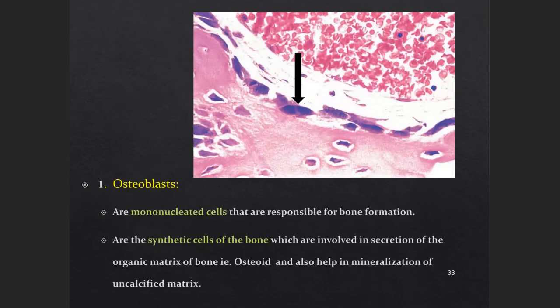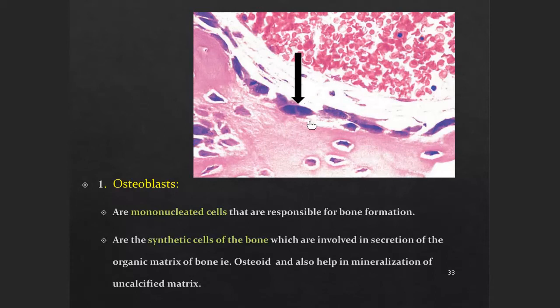So now this is your osteoblast. What is an osteoblast? It is mononucleated. Again the term mono means single, nucleated. So single nucleus. If you see in this picture, this is one cell, this is another cell, and it has this blue color, single nucleus. That is your mononucleated cell. They are responsible for bone formation. They are the synthetic cells of the bone, involved in secretion of the organic matrix of bone and also help in mineralization of uncalcified matrix.